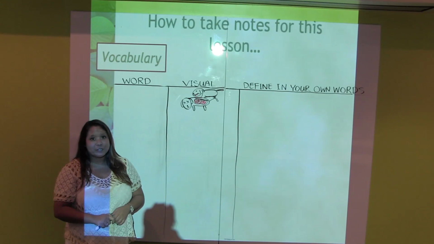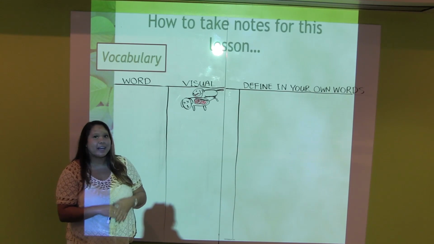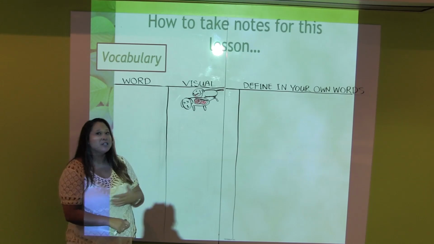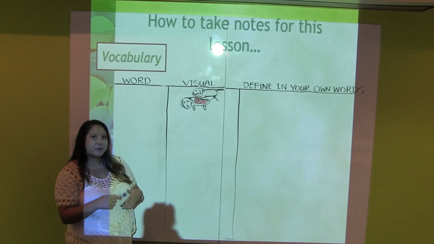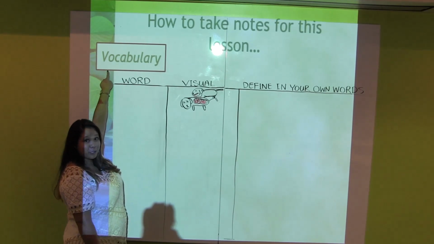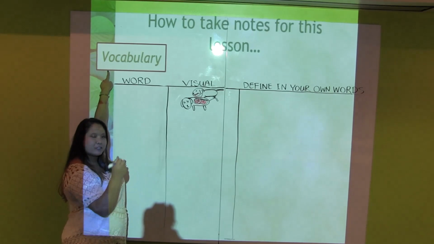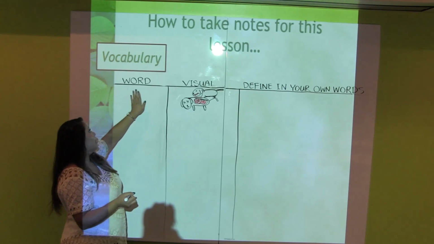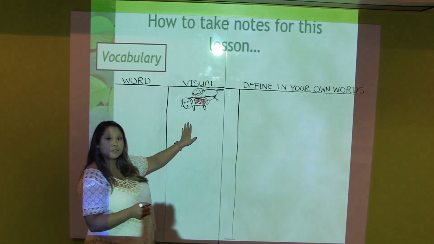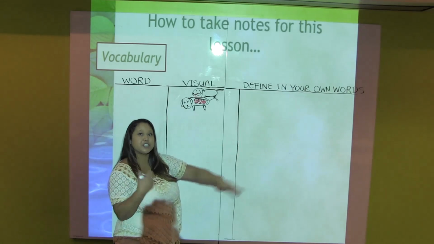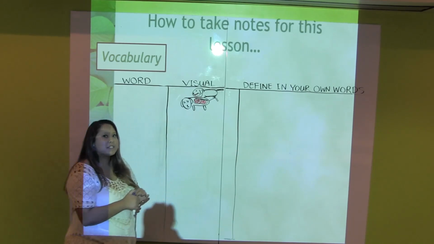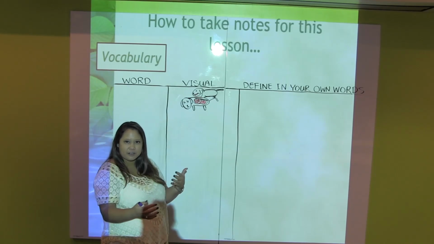As part of classroom management, and how we take notes every day, I just wanted to give you a little refresher. For regular vocabulary, as we go through our lesson, you'll see it in italicized words. Here's how you write it in your science notebooks: you write the word, provide a visual, and then define the word. I just want to give you a little example. Last unit we learned about predators and mutualism.